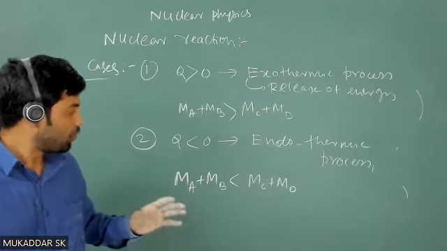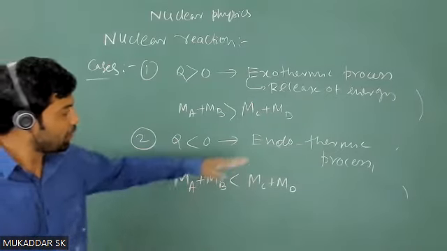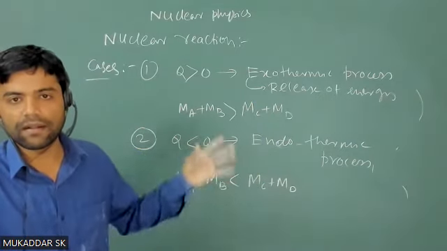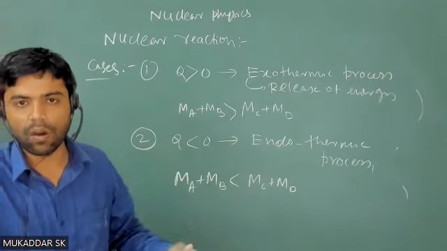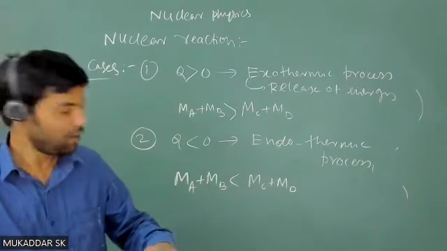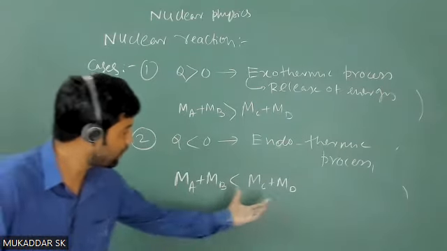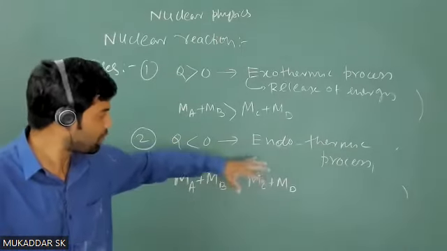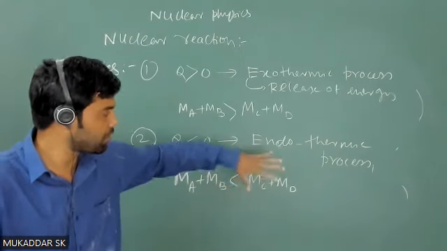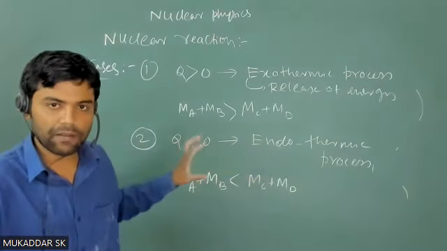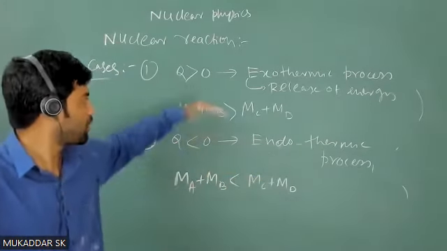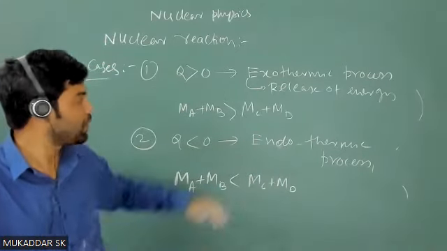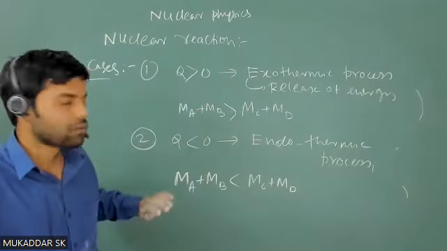So to make that endothermic process, you have to supply some energy in the form of kinetic energy of the incident particle, because that energy is converting to mass of the product. So this is a non-natural process, not a spontaneous process. You have to supply some energy to make this process, but for the exothermic process, which is spontaneous, there is no need of energy to make it.